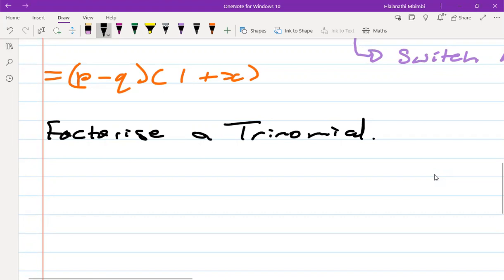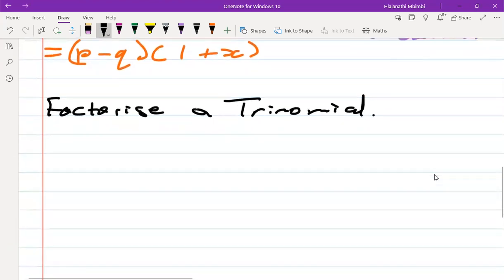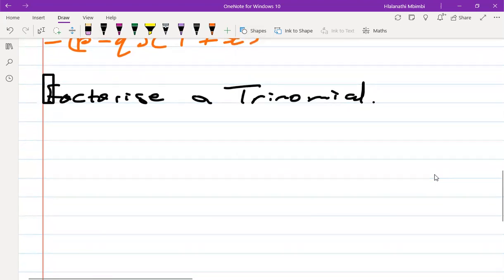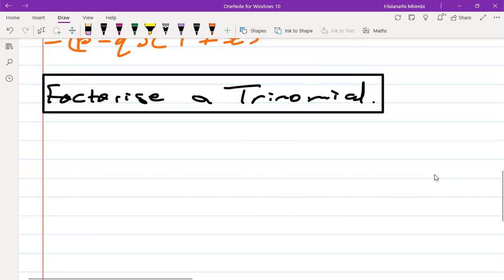A trinomial is just an expression with 3 terms. I don't know why this method is called a trinomial. Anyway, I call it a trinomial. Do I have another name that I could suggest? I don't know yet, but yes, this is called a trinomial.